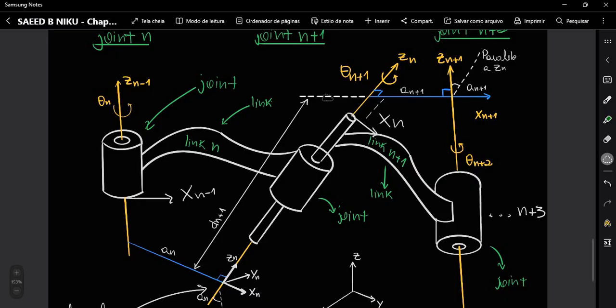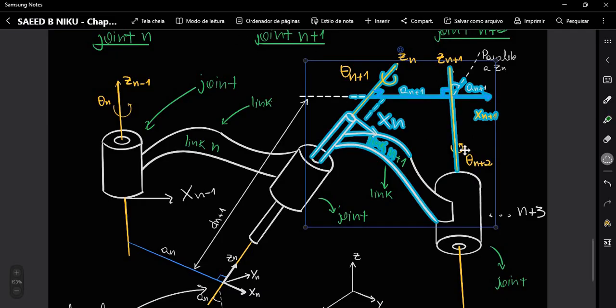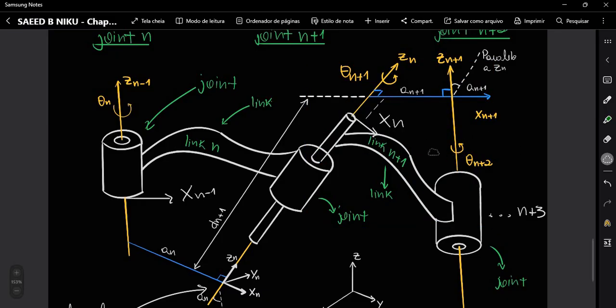Okay, so again, right here we are doing a translation going up, and now we are going to the right to get the origins of xn and xn plus 1 together.